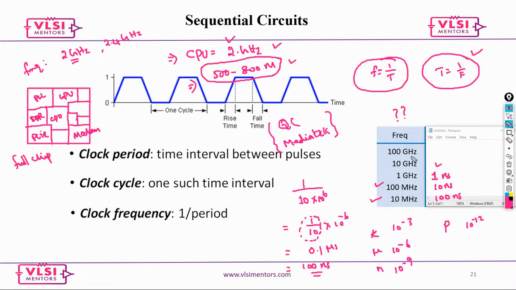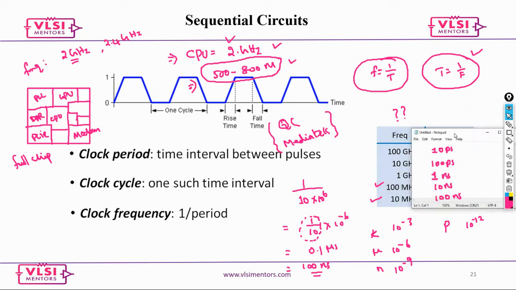Anything when you get into decimals, like 0.1 or something like that, always convert it to the next unit. So it is going to be 100 ps. The clock period is going to be 100 ps, and in this case it is going to be 10 ps.